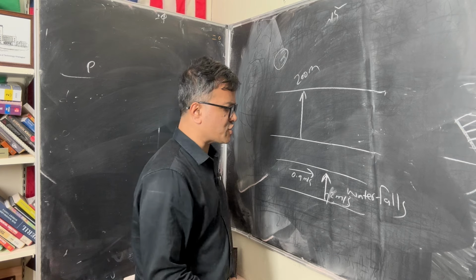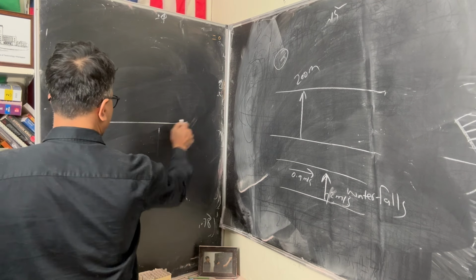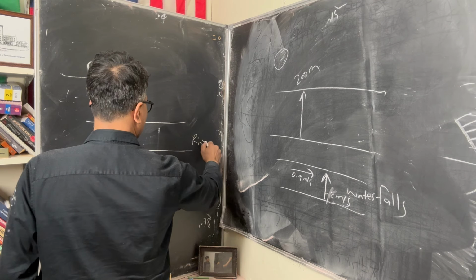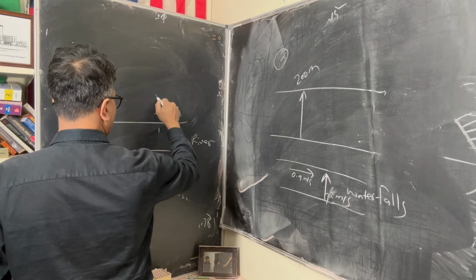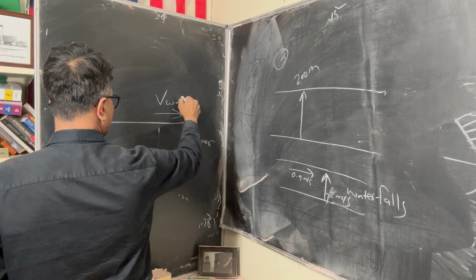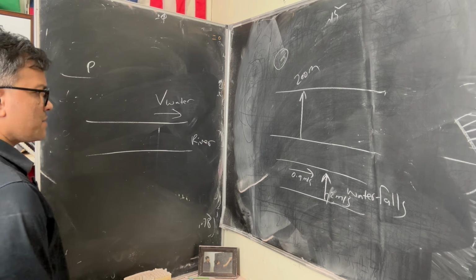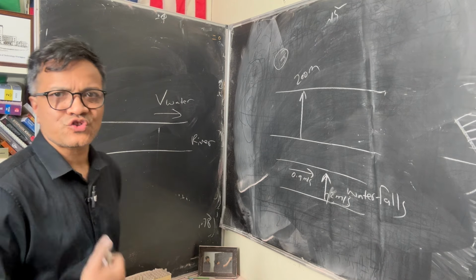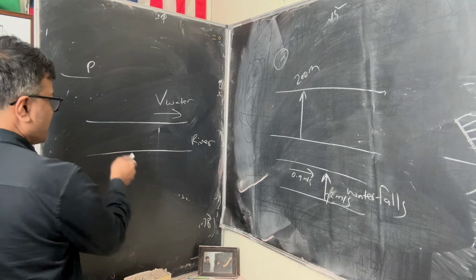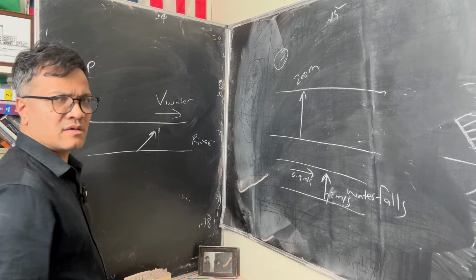So he has to make sure that this is the river, the current is in this direction, the velocity of the water. Mr. Barry has to make sure that he swims. If he swims downstream, what happens? He will die sooner.